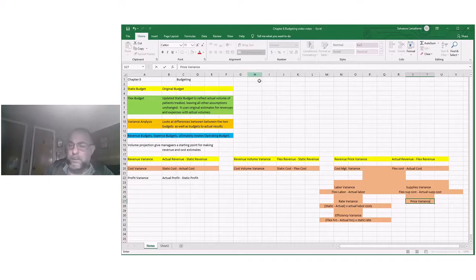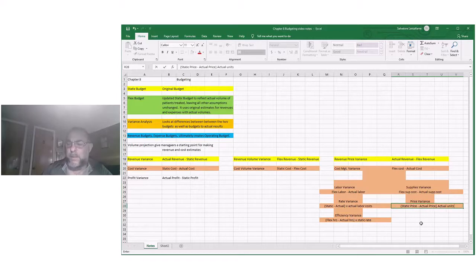And to do the price variance, what we would have in this situation is your static price minus your actual price, and we would multiply that by actual units.